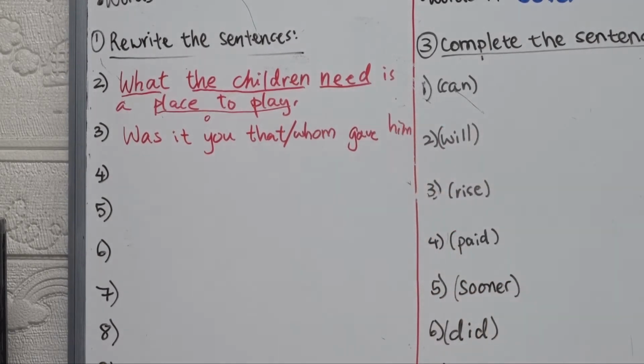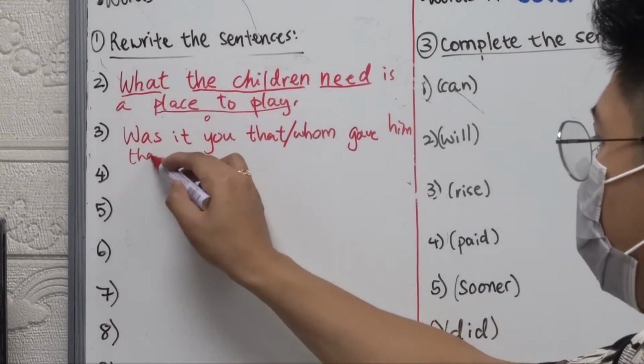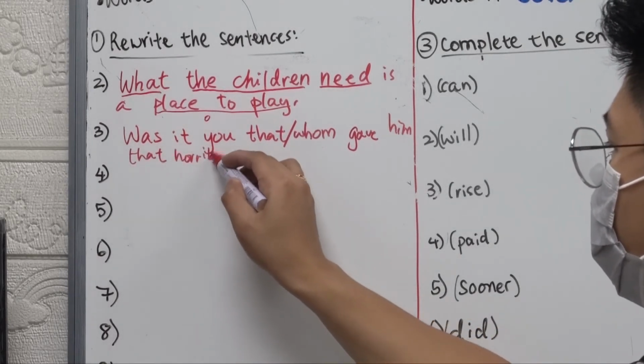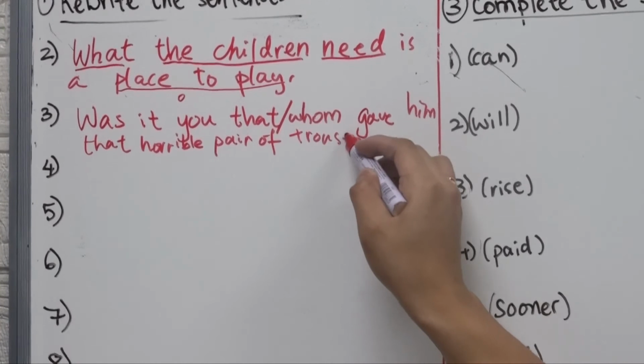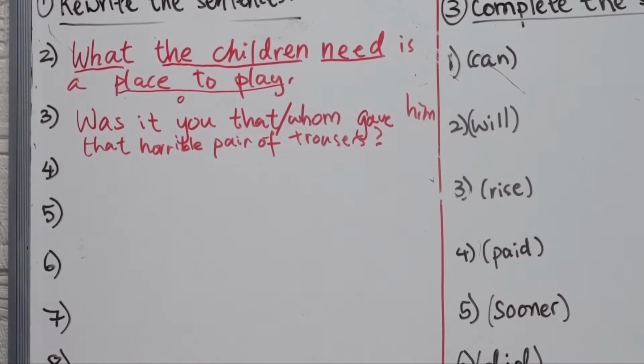Is it those or that? What did they write? That horrible pair of trousers. So was it you? It's almost judging, like you're judging someone's taste in fashion. This is the emphasis: you want to emphasize that whoever gave him the pair of trousers has bad taste.